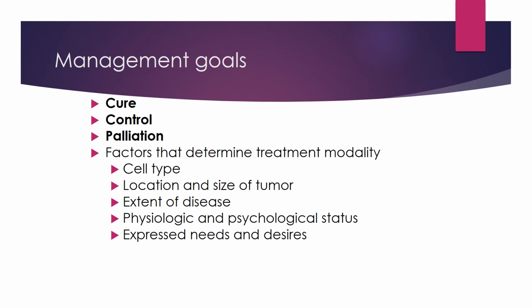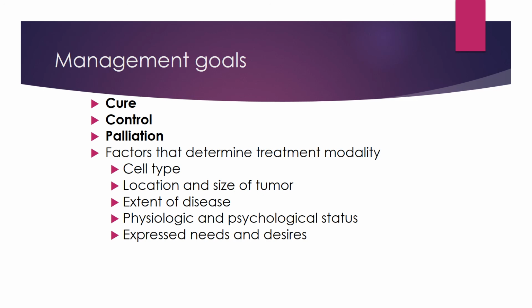Okay, so when we're talking about the management of cancer, it's typically looked at from three perspectives. Cure, when hopefully the goal is that we can actually cure the cancer, that there is a good chance of getting rid of the disease completely.